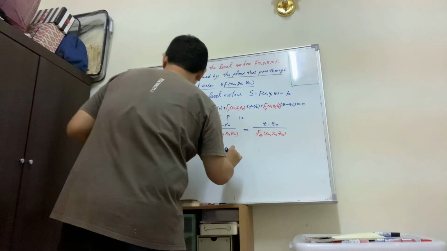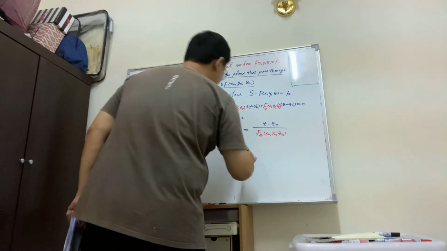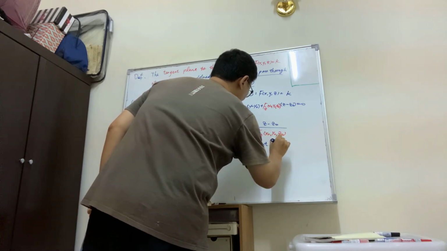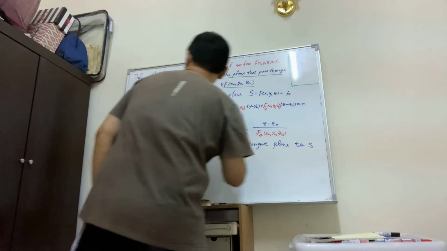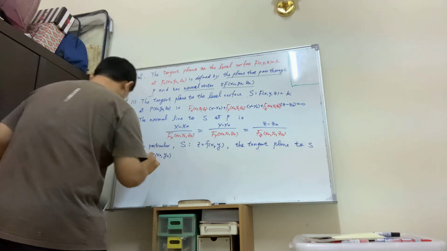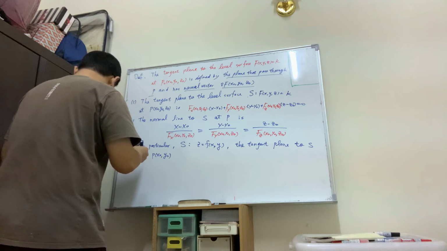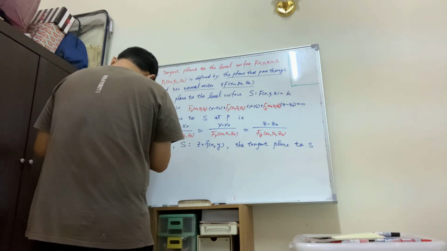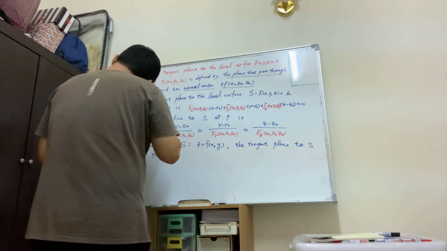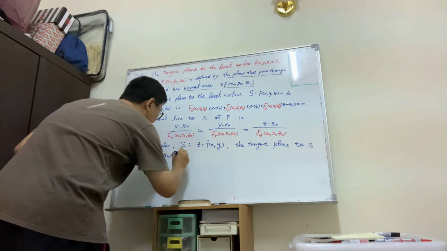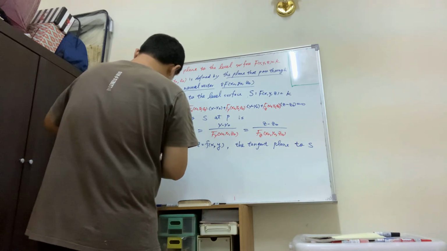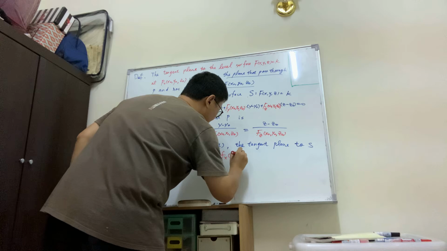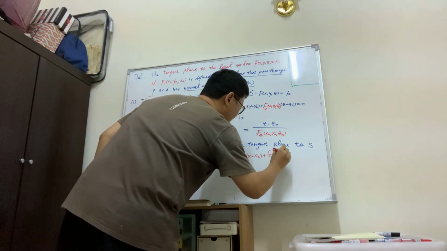Then, if S is this one, the tangent plane to S at P(x0,y0) is z minus z0 equals f_x(x0,y0)(x minus x0) plus f_y(x0,y0)(y minus y0).